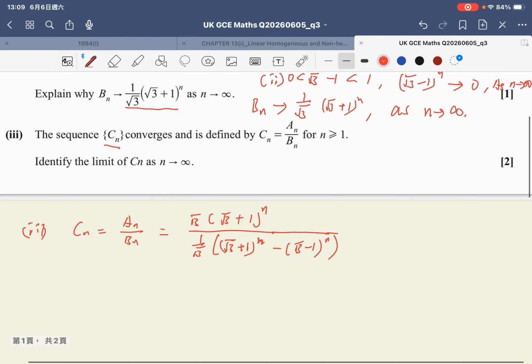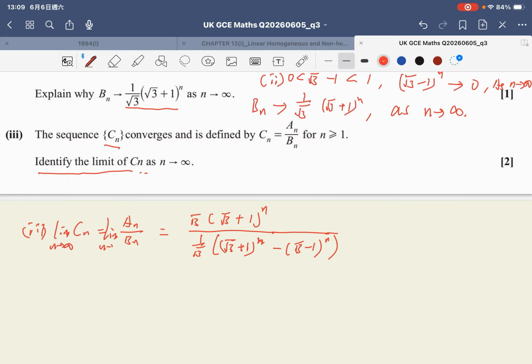Now identify the limit of c_n as n tends to infinity.